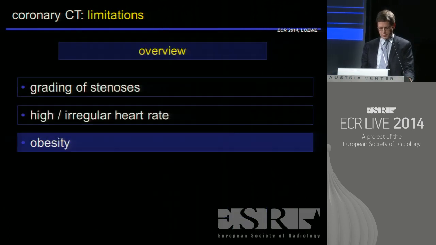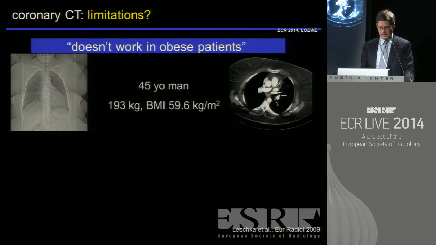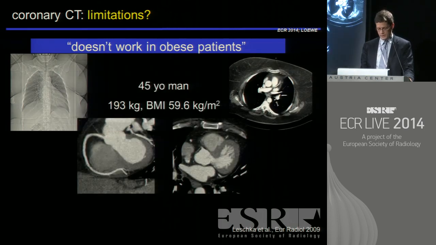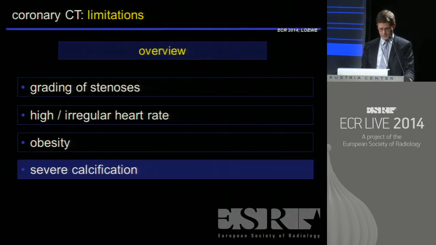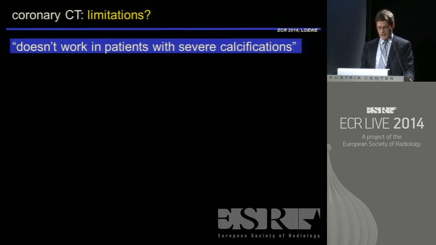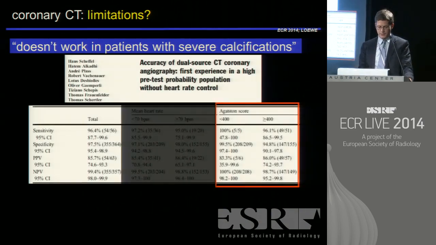Is obesity a problem? Not really. There are protocols, even XXL protocols, which can be really helpful and can produce very nice images, even in very obese patients, up to a body mass index of 60. So really obese patients can be imaged if the table of the scanner is able to hold the patient. Calcifications are a problem. It's very difficult to assess the stenosis behind calcifications.